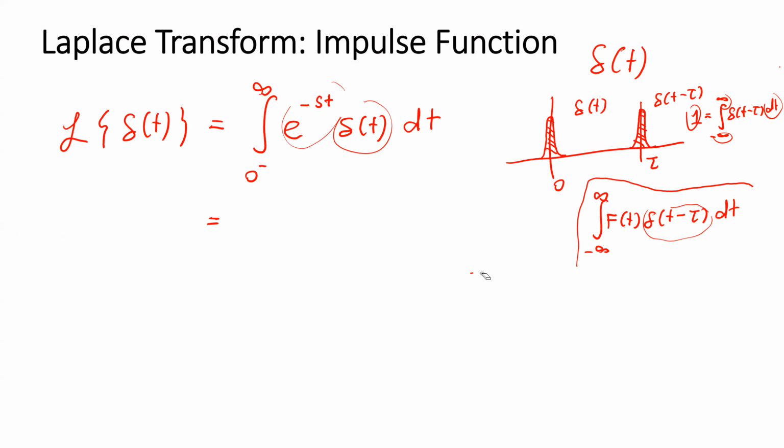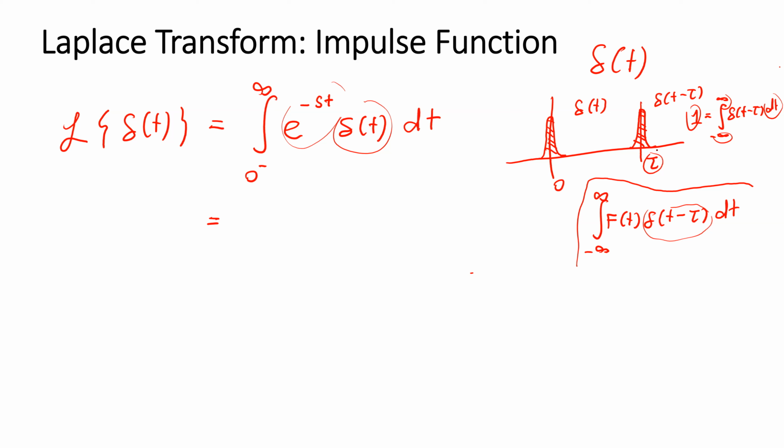The value of the direct delta is 0 except at one specific time point, and the area of the integral is equal to 1.